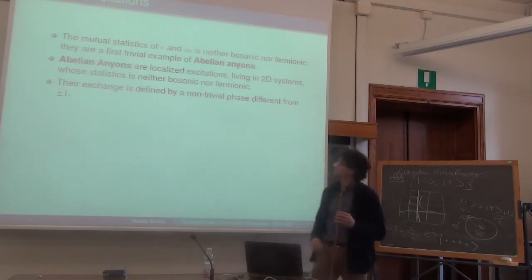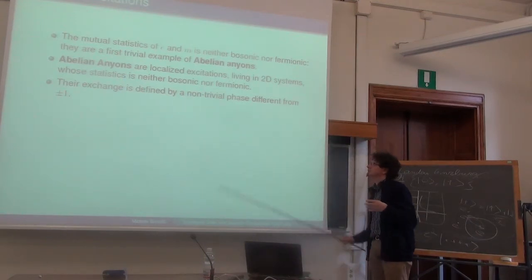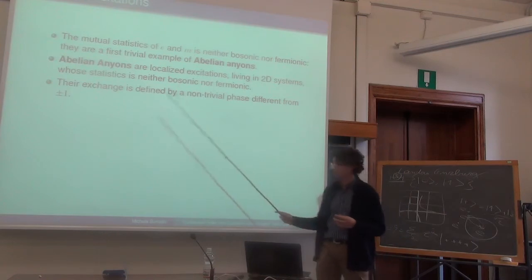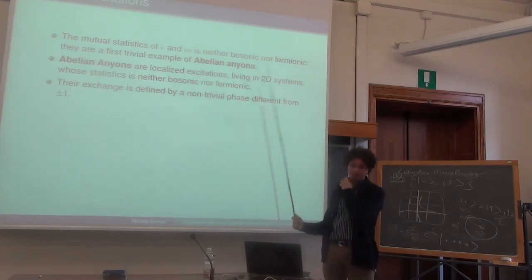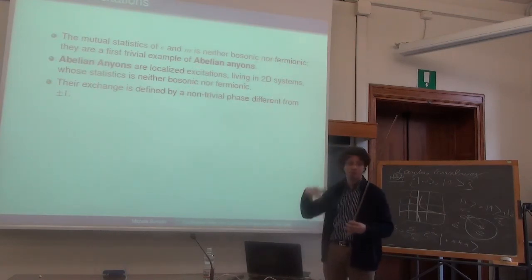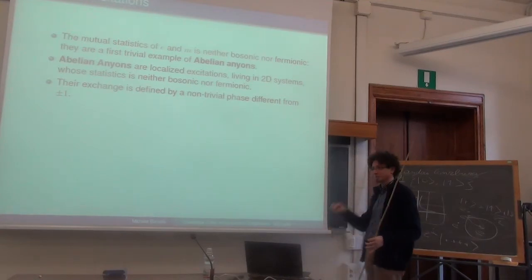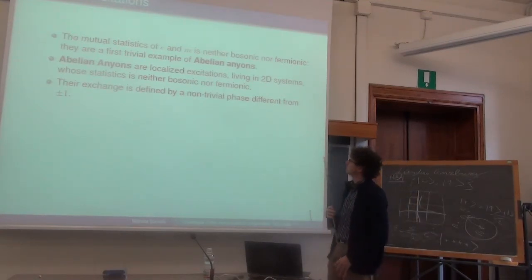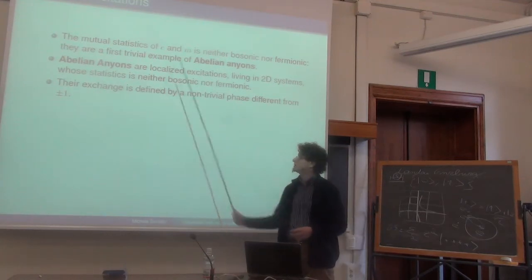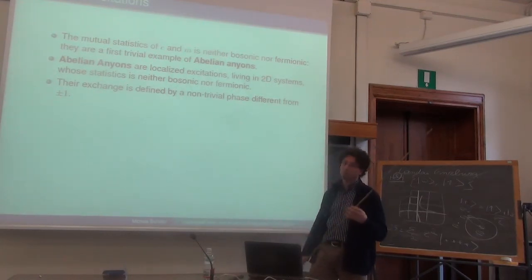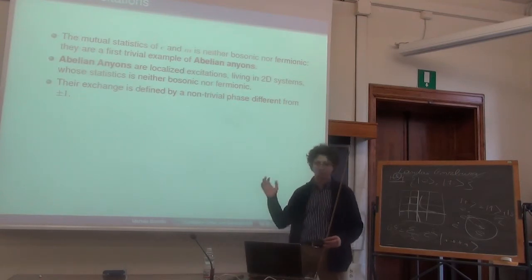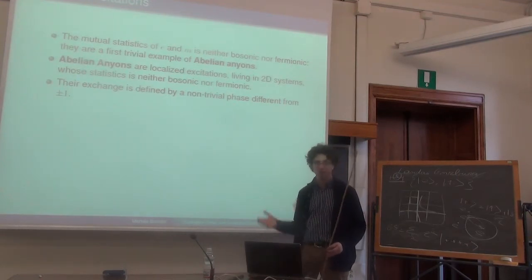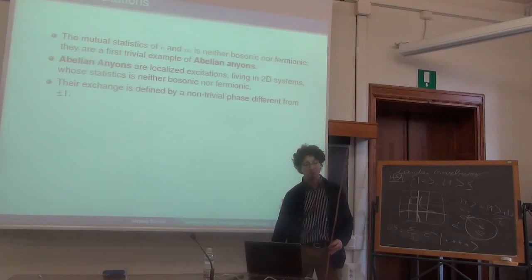So this is a first example of anyons. As I already mentioned, they are always defined as localized excitations, which must be therefore over the ground state and localized in space. And since they are abelian, we say that their exchange statistics is defined by something which is different from +1 and -1, so they are different from bosons and fermions.